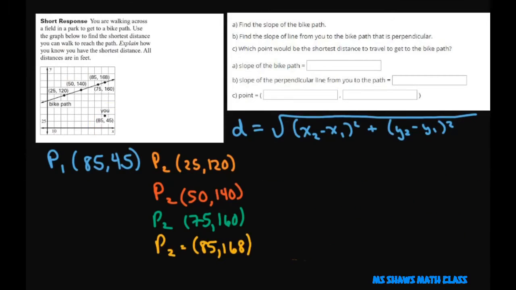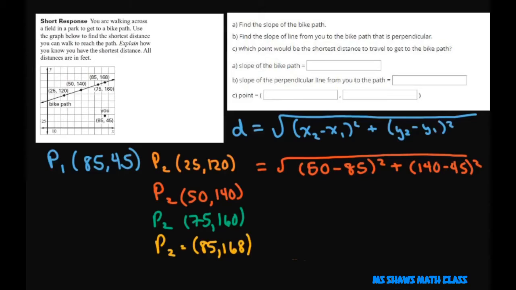Now we do the second one, and we're going to do the same thing. Let's do the x's first. 50 minus 85 squared plus 140 minus 45 squared. So that's going to give you negative 35 squared plus 95 squared.